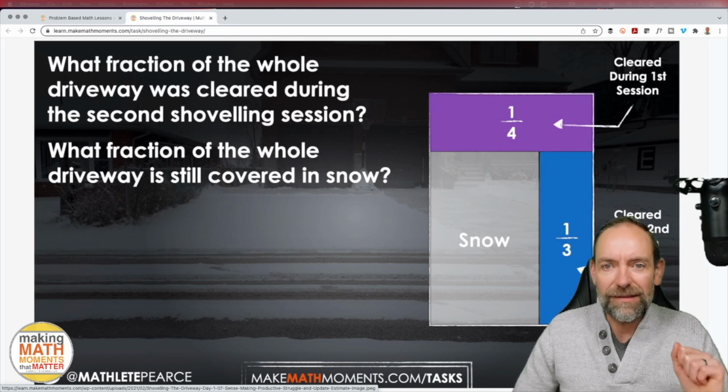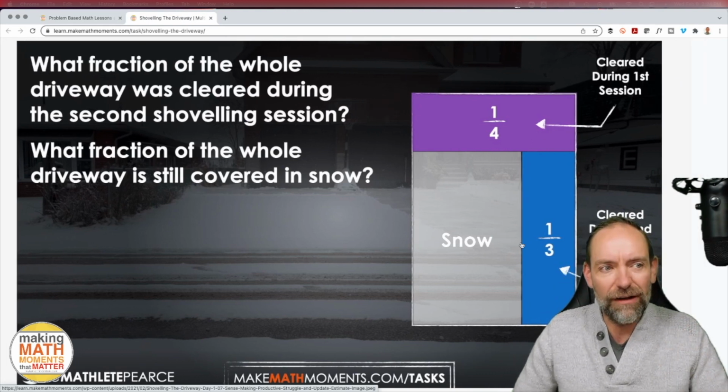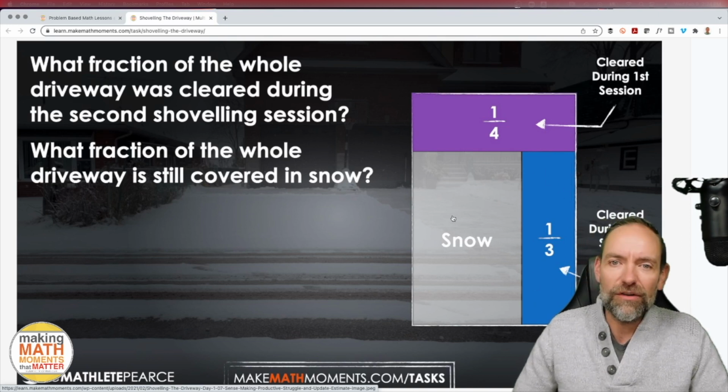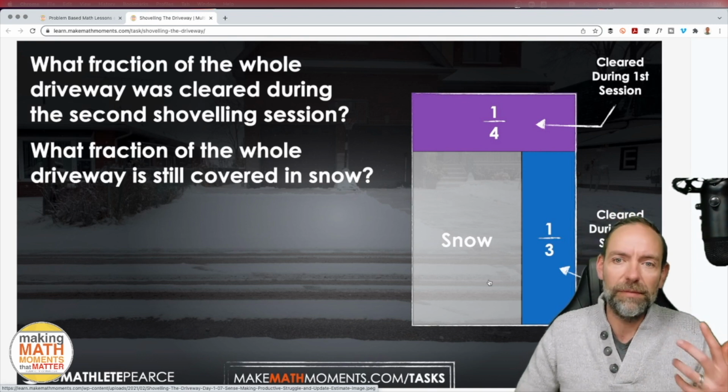The questions that we ask students are, how much of the entire driveway is this section? And then, how much of the driveway is still covered in snow? These are two prompts which essentially emerge the idea of multiplying fractions.